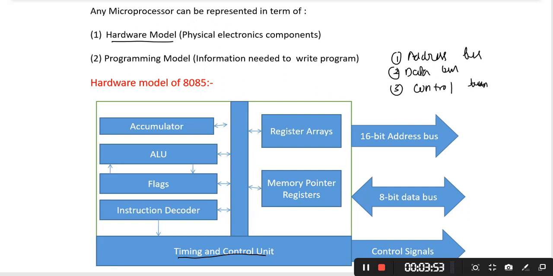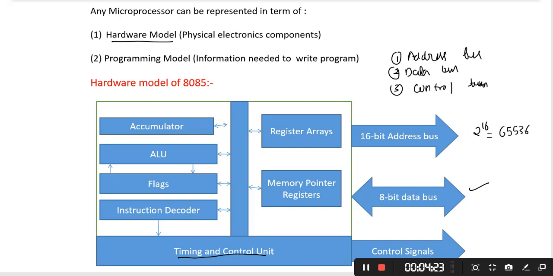Since the 8085 has a 16-bit address line, through this we can communicate with 2 raised to 16 devices, that is equal to 65536 devices that it can address, and with these devices, whether memory or input output devices, it can exchange 8-bit data through the 8-bit data bus.